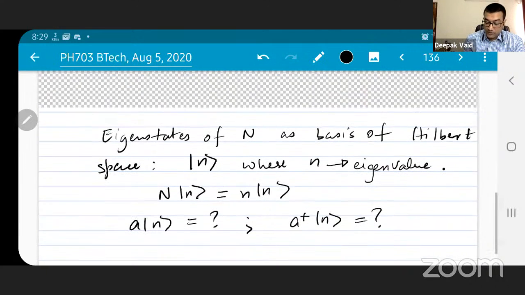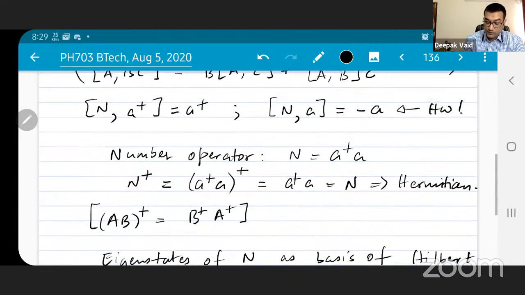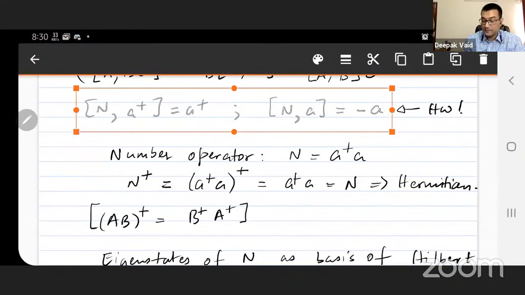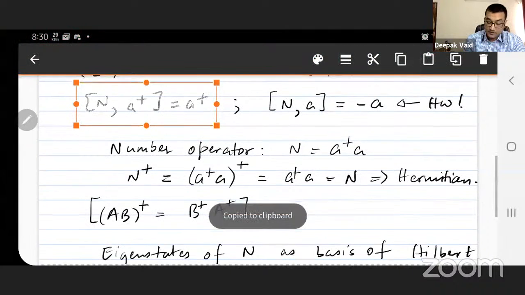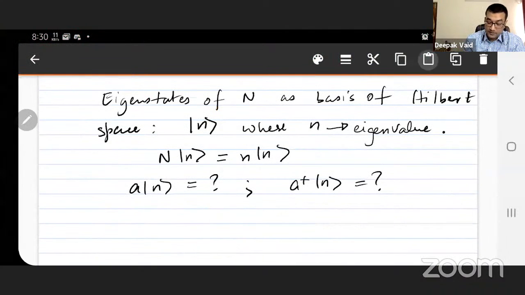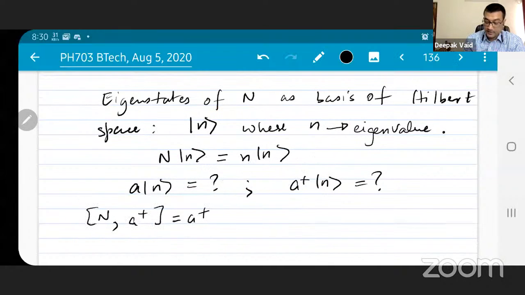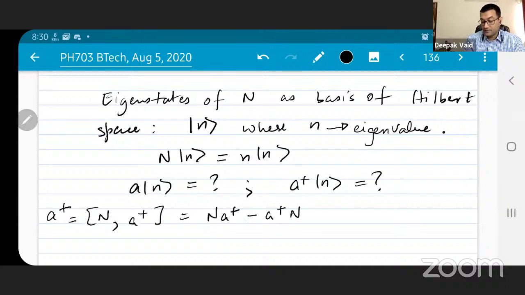For this purpose we will use these commutator results. Let's look at the first commutator and write it as the commutator of N and A dagger, equal to N times A dagger minus A dagger times N.